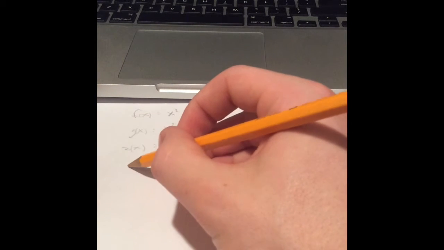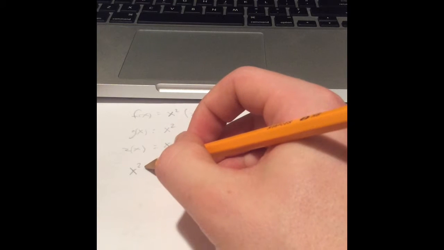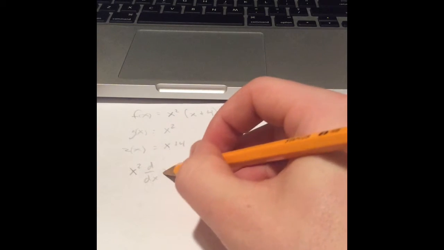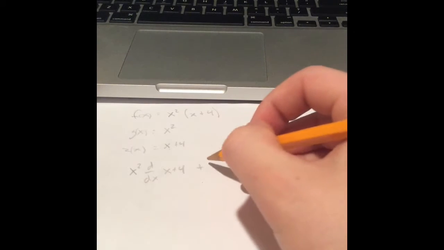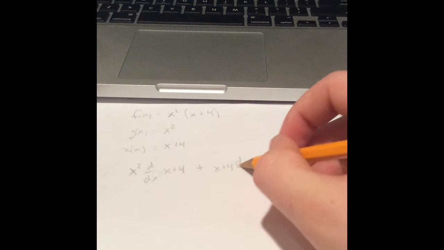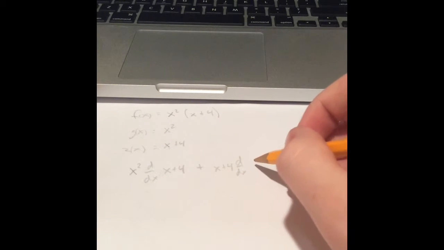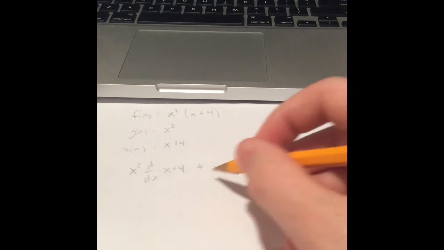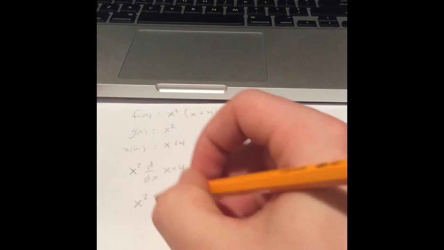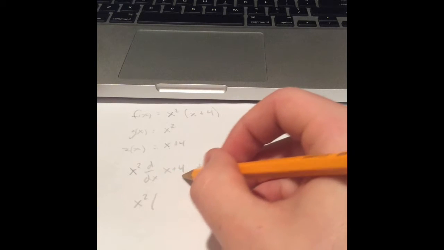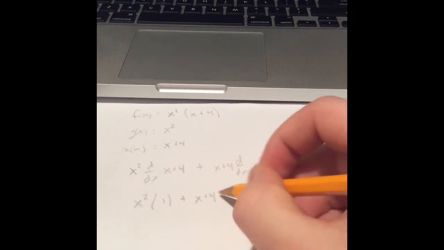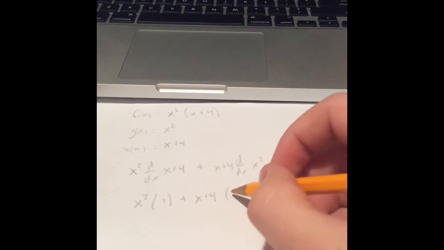Let's write all that out. x squared times the derivative of z of x, which is x plus 4, plus z of x, which is x plus 4, times the derivative of g of x, which is x squared. So now we can begin to solve. We have x squared times this derivative, which is just 1, plus x plus 4 times this derivative, which is just 2x.